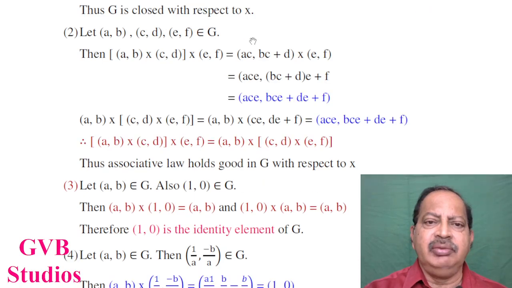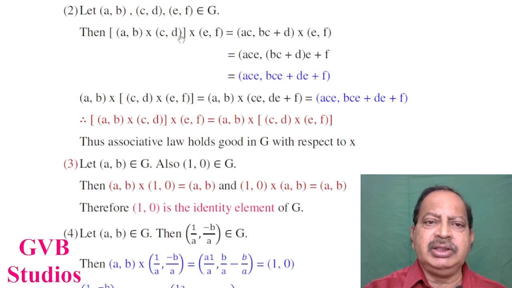I will write thus G is closed with respect to the binary operation cross. Next we take three elements for associative law. (a, b), (c, d), (e, f) belong to G. I am taking three elements in the set G. Here a is non-zero, c is non-zero, and e is non-zero. a, b, c, d, f are real numbers. First I will put a bracket for the two elements (a, b) and (c, d), so I will put another square bracket.